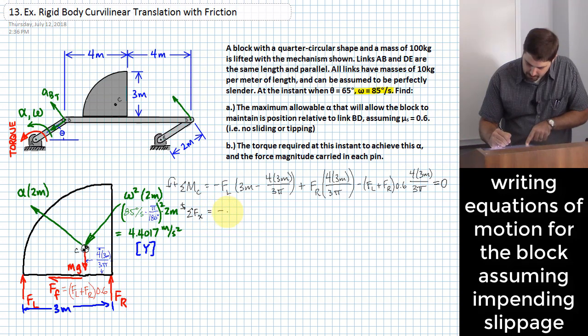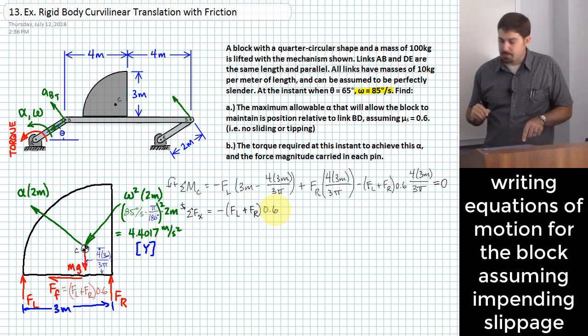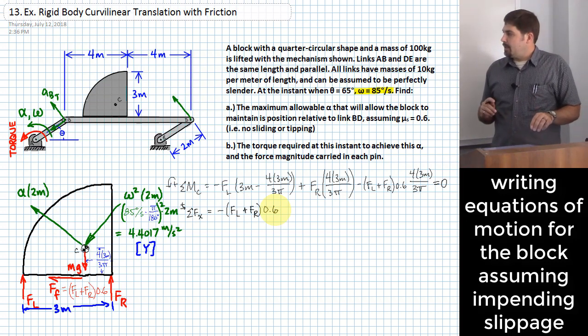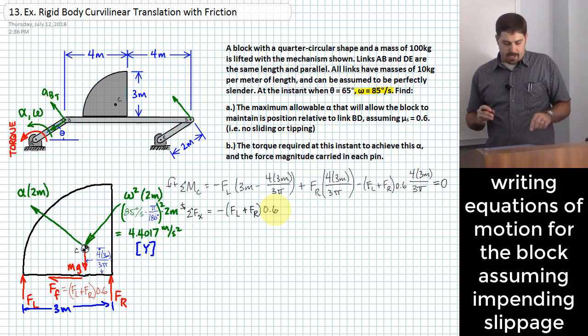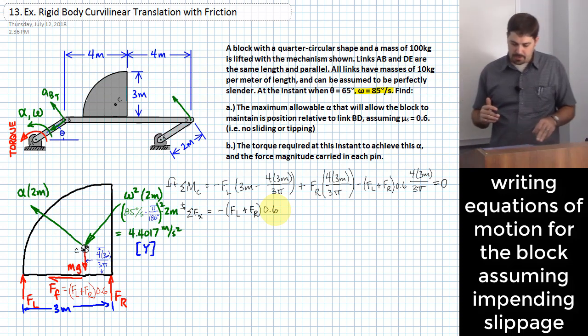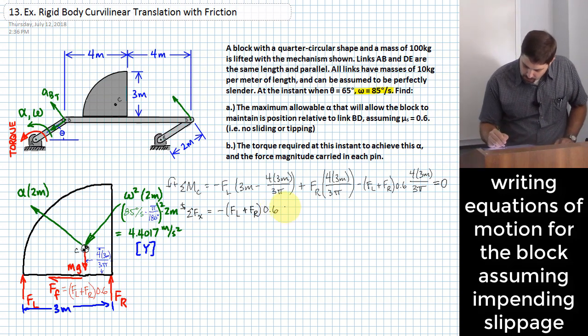So I have a minus (FL plus FR) times 0.6. Any other horizontal forces that I have on this body? Doesn't look like it to me. So what do I set this equal to?